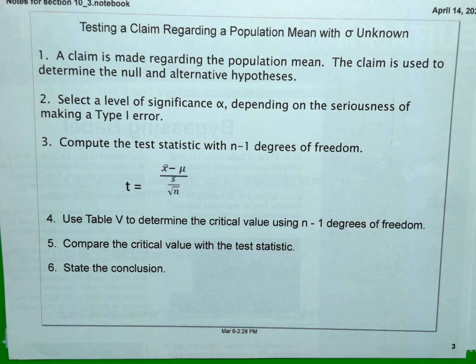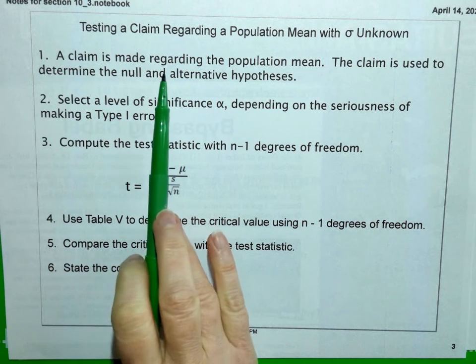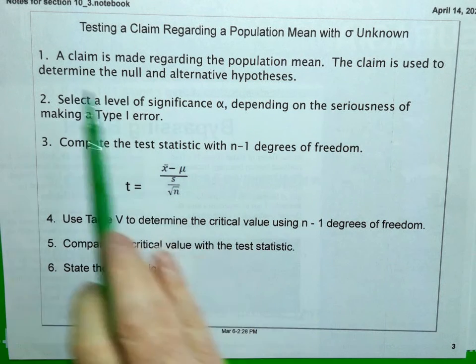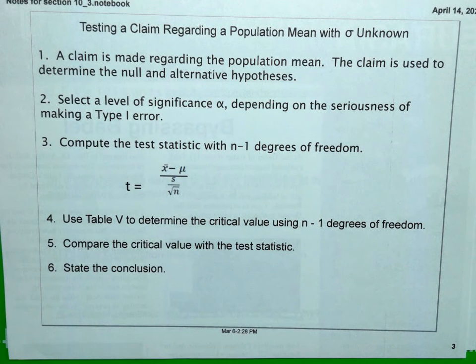So, testing a claim regarding a population mean with sigma unknown, very much like what we just did. One, a claim is made. The claim is used to determine the null and alternative hypothesis. Two, select a level of significance, alpha, depending on the seriousness of making a type 1 error. Three, instead of computing Z, we're going to compute T with n-1 degrees of freedom.